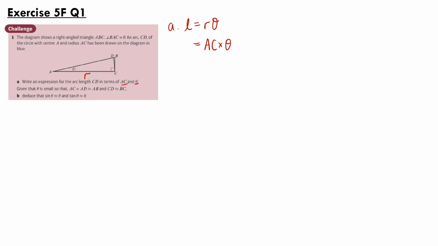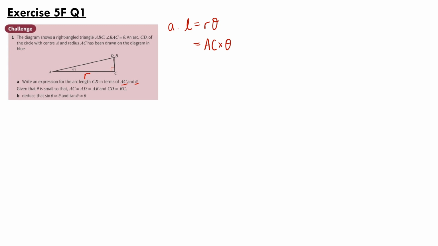Now part B, we're told that given that theta is small, AC is equal to AD is approximately equal to AB, and CD is approximately equal to BC. Deduce that sine theta is approximately equal to theta, and tan theta is approximately equal to theta also.